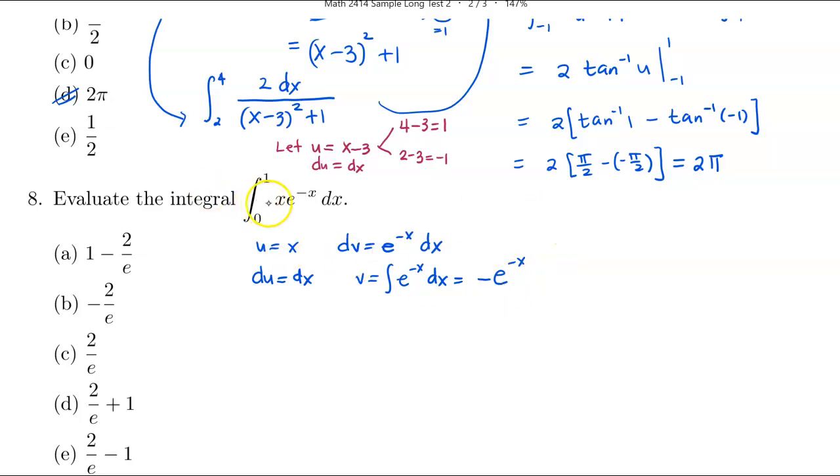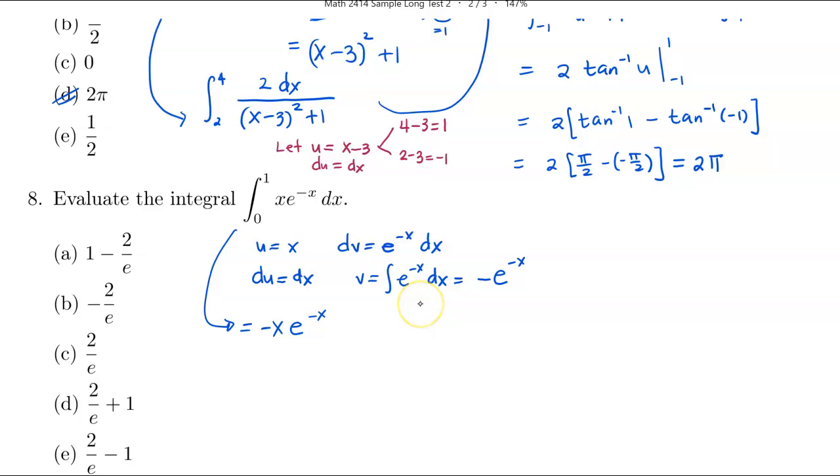Then after that, you can apply integration by parts. Integration by parts using the formula is uv. So this integral here is just equal to uv, that is x e to the negative x, and there's a negative sign here too. So that makes it negative x e to the negative x.